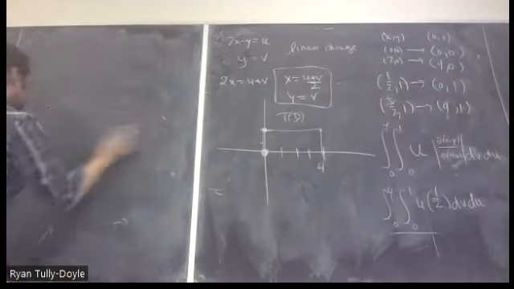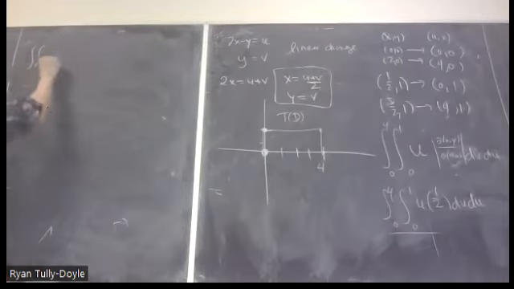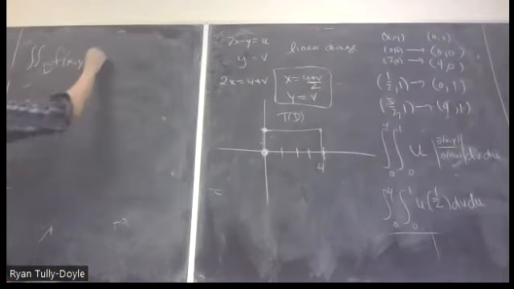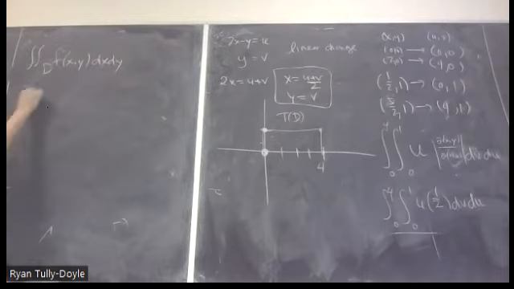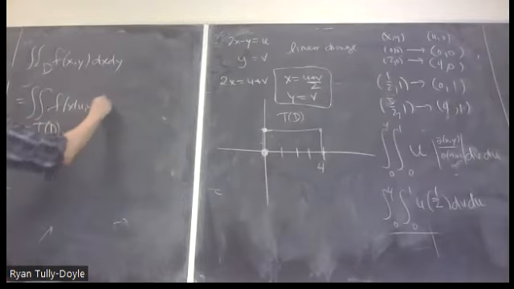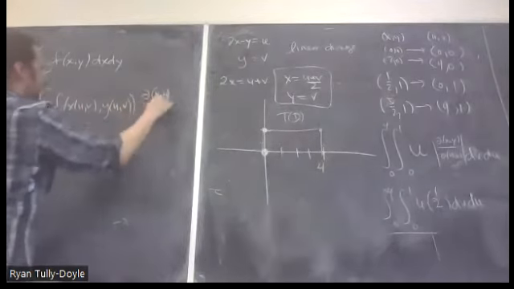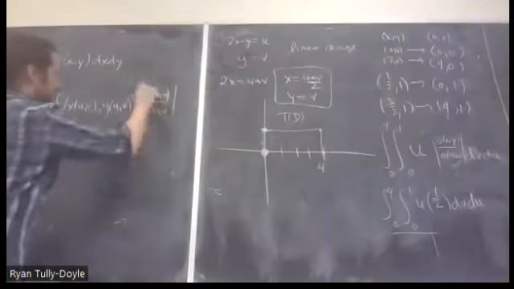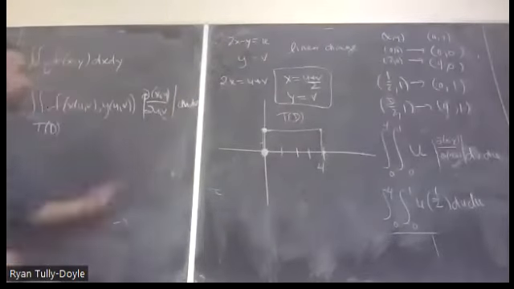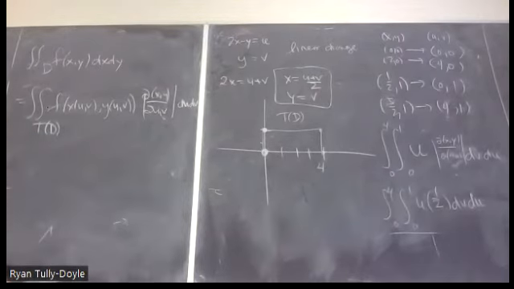The way that theorem is stated is like this: the double integral over D of f of x and y dx dy is equal to the double integral over T of f of x of u and v, y of u and v, times the Jacobian of x, y with respect to u and v, du dv. So it's written into the actual definition of this change of variables formula. You need x and y as functions of u and v.